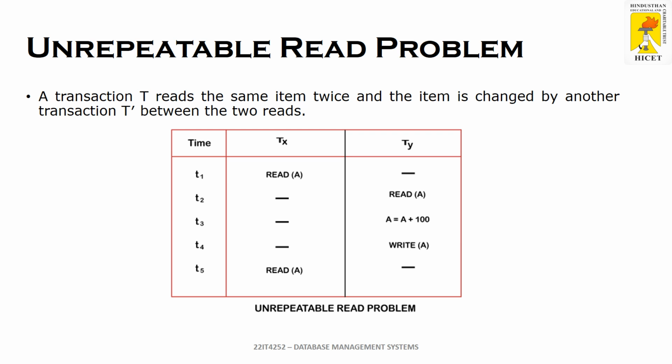Now control moves to Ty, which reads A, again 300. Then A equals A plus 100, so it becomes 400, and at time t4 it updates the value of A. Now it is updated as 400, and at time t5 Tx reads the value again. Now the value of A is not 300, it is 400. This is the unrepeatable read.